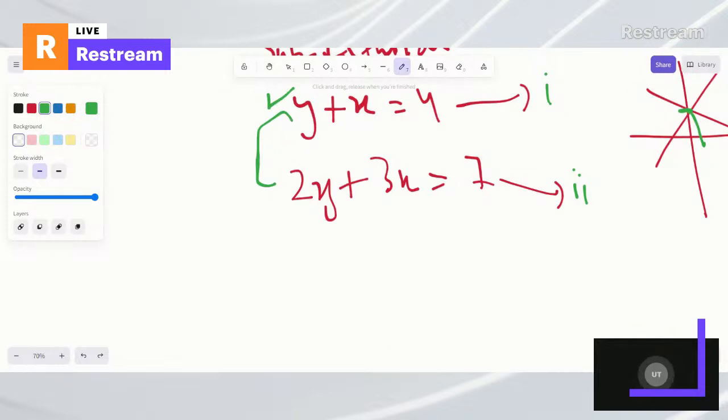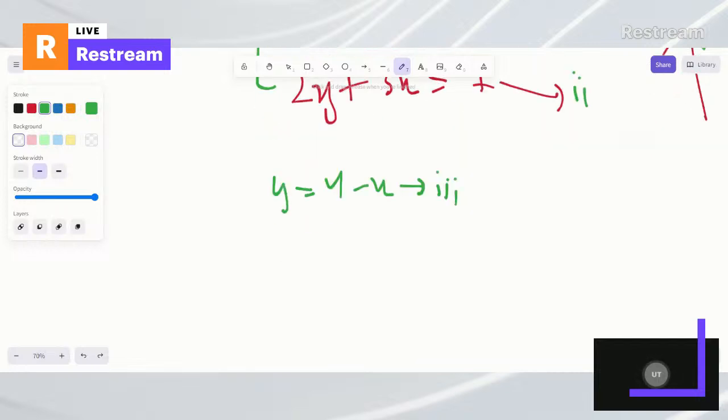So what's the first step? The first step is to make one of these two variables the subject. Let's take y as the subject and move everything away from y. So it will become 4 minus x. Let's mark it as equation number 3. Now we're substituting equation 3 in equation 2.